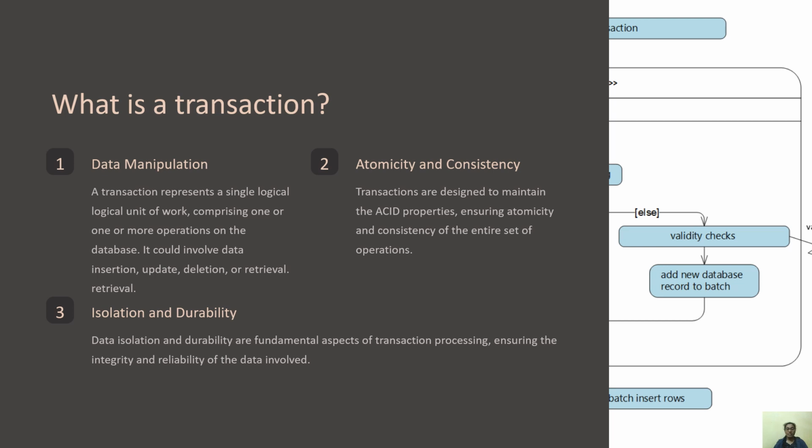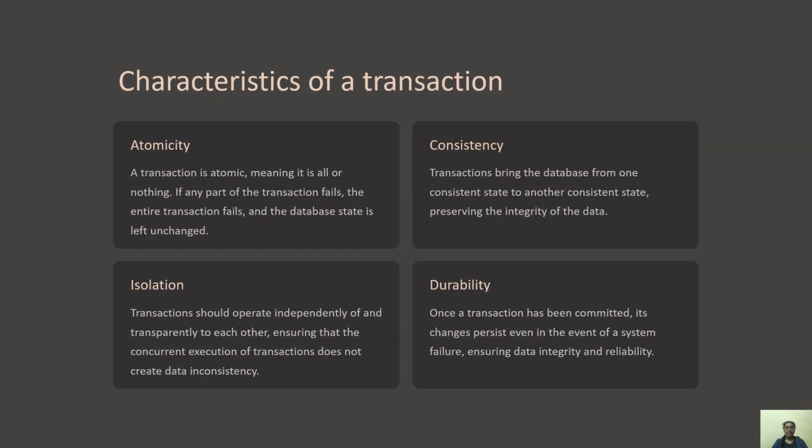Atomicity and consistency: transactions are designed to maintain the ACID properties, ensuring atomicity and consistency of the entire set of operations. Isolation and durability: data isolation and durability are fundamental aspects of transaction processing, ensuring the integrity and reliability of the data involved. Now we will see the characteristics of a transaction.